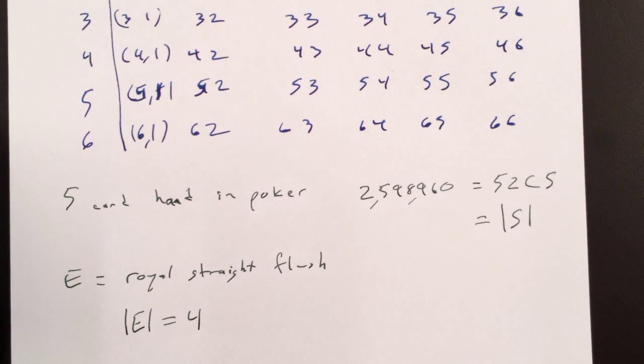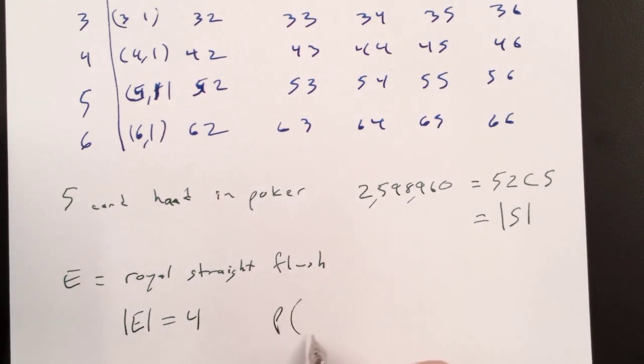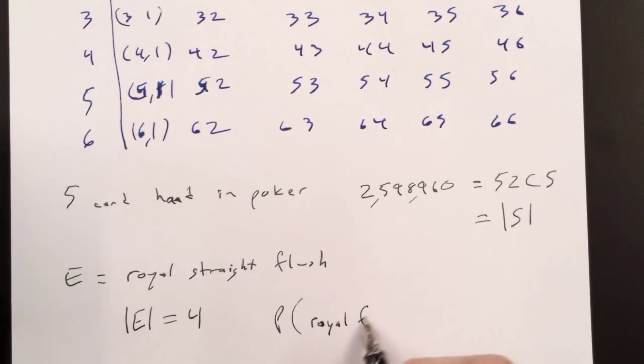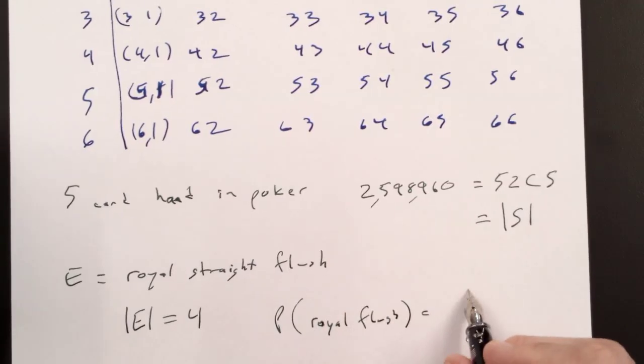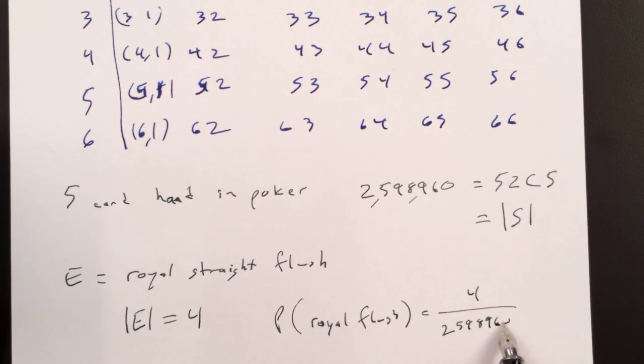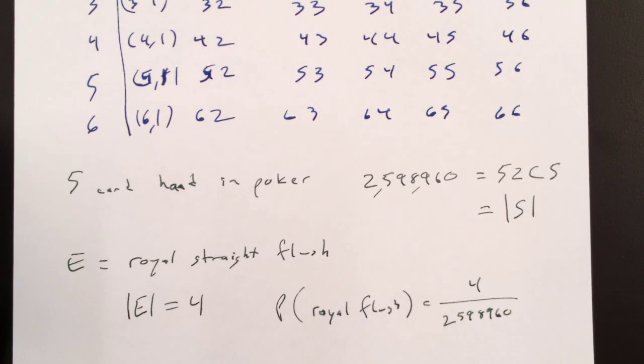So the chance of getting a royal straight flush is 4 out of 2,598,960. Period. End of story. Do me a favor, please. Simplify that fraction.